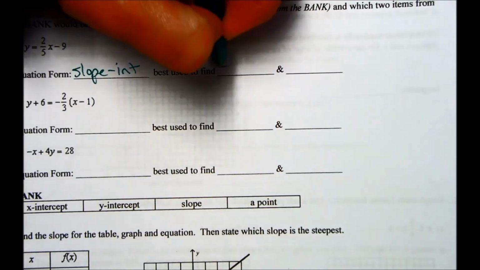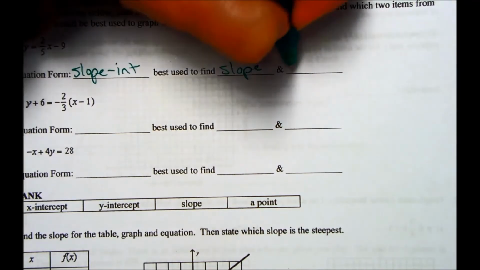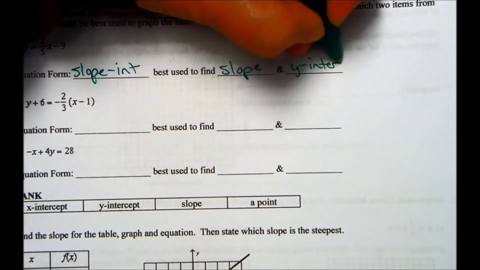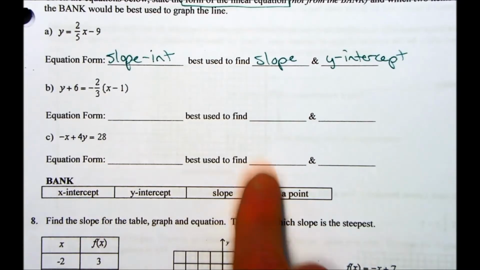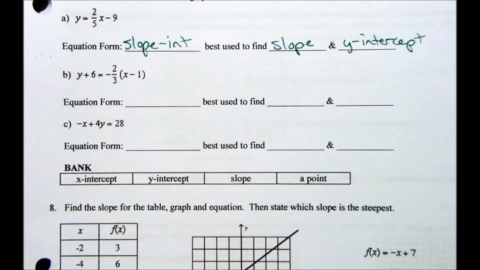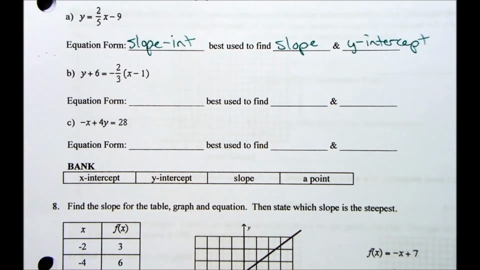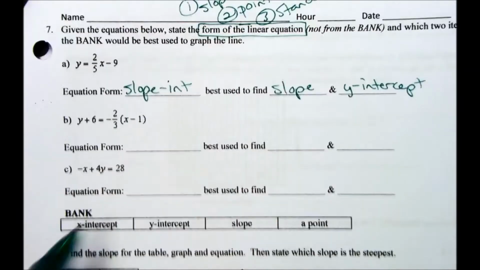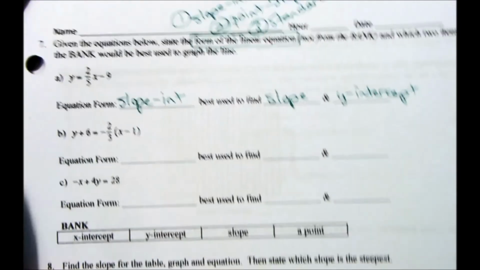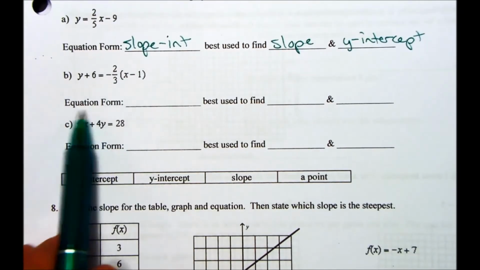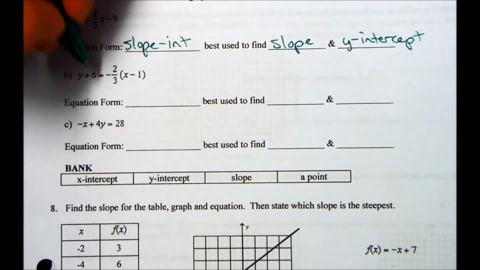So slope is one of the answers and y-intercept is the other, which you probably don't even need this bank down here, but it's there, and it will be provided on the test also. But what you are not going to be provided with is the different forms, so you have to know these names. All right, so if you look at the next one, the equation is in the point-slope form.